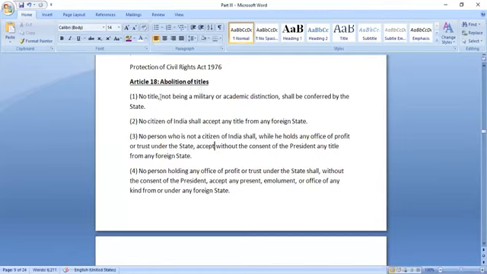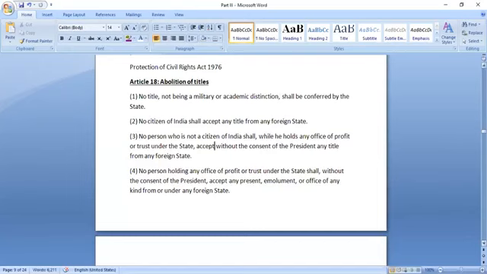So under Article 18, we have the provision for abolition of titles, and it says no title apart from military or academic distinction shall be conferred by the state. That means all the titles that were there during British time or previously before that would become invalid.